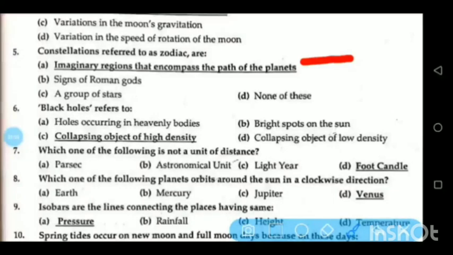Black holes refers to collapsing object of high density. Which one of the following is not a unit of distance? Foot candle. Which one of the following planets orbit around the Sun in a clockwise direction? Venus.